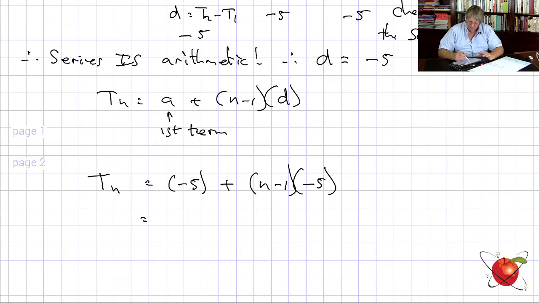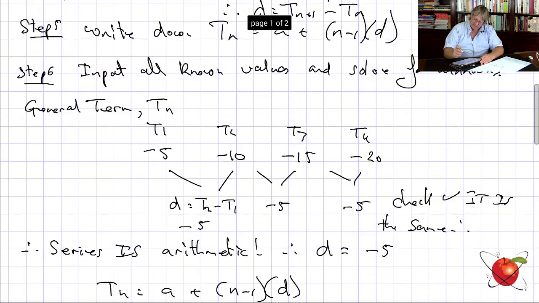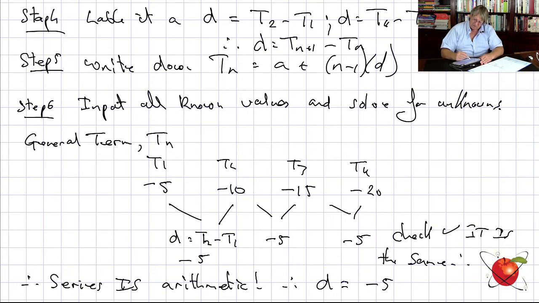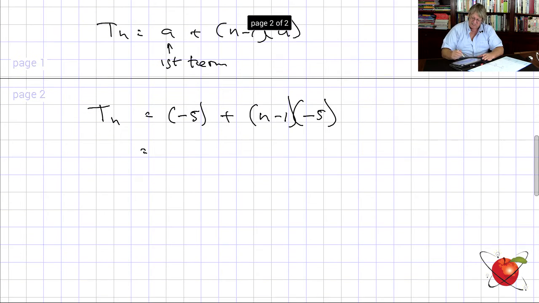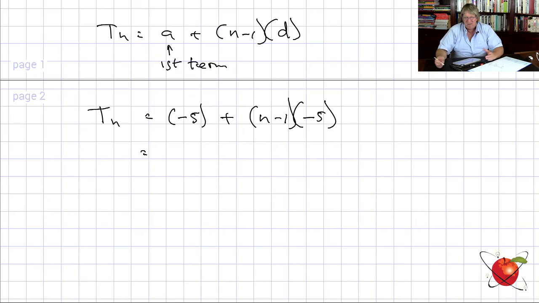Now we simplify. So I'm just going to go back and write in here, okay, Tn, input all known values, generate all unknowns. Okay, over here, we simplify, okay? All right. Because it looks a little bit messy. There's nothing wrong with that, but it's just awkward.